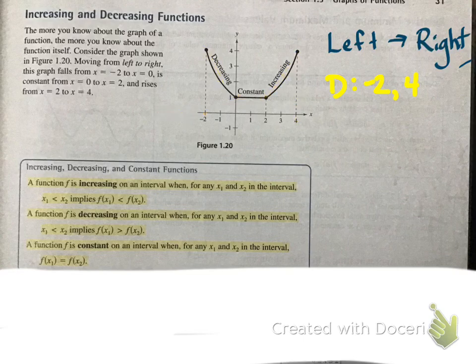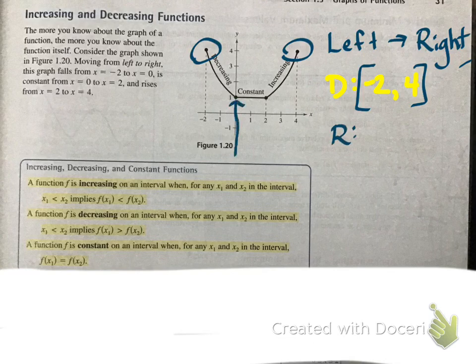And at -2 and at 4, we have closed circles, so we will use brackets. Range, smallest to largest, no values until we hit right here at 1. Range uses y values. Range is the only thing that really uses y values very much.